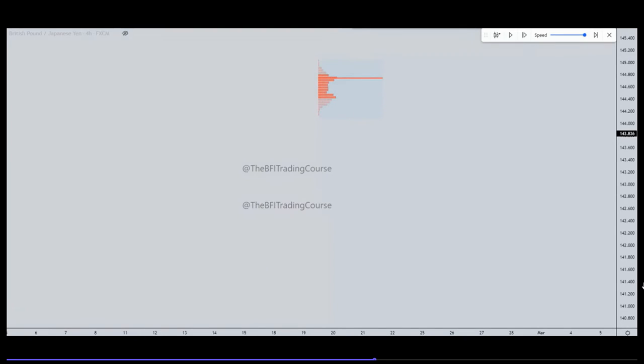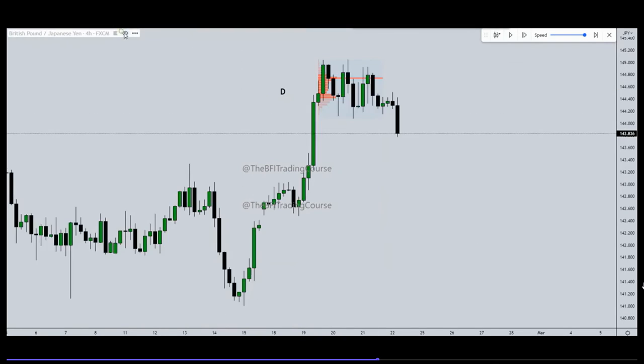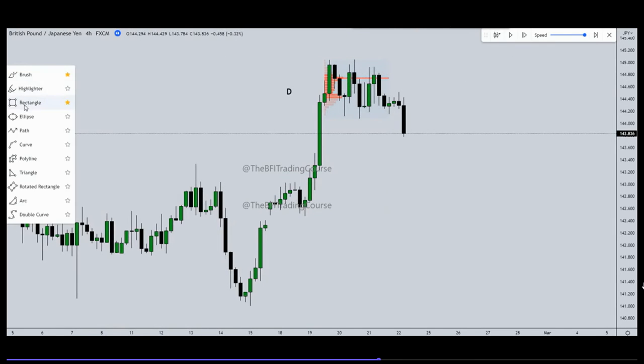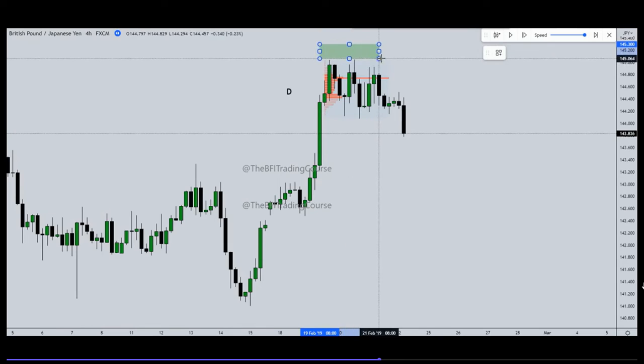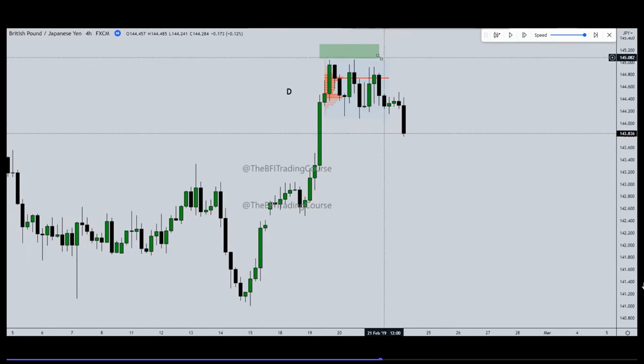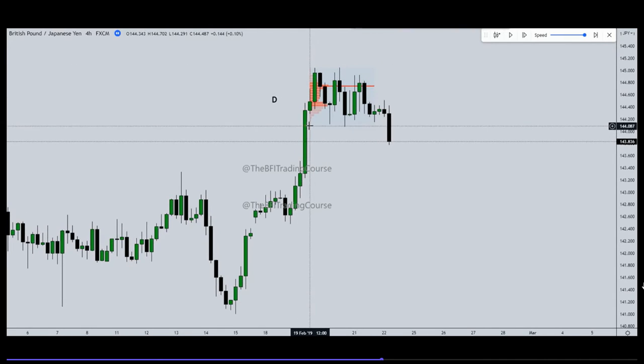This can be considered what? D-shaped profile, which is the most common one. What do we have sitting above and below this consolidation? Obviously, liquidity. All right.